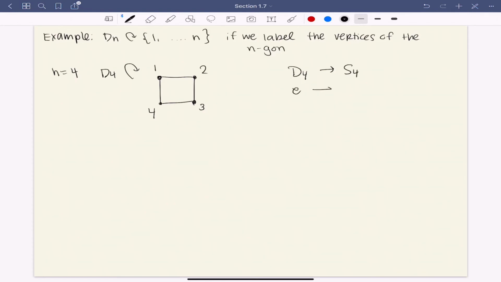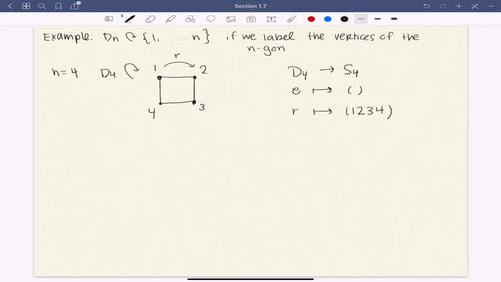So the identity of D4 does nothing, so I'm going to send it to the empty cycle. And then I can say that r is this rotation. So r in D4 would send 1 to 2, and then we see that 2 would go to 3, and 3 would go to 4, and 4 goes to 1 under the rotation.